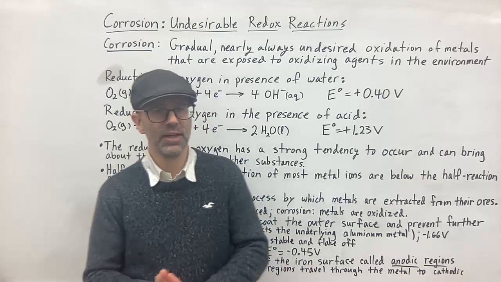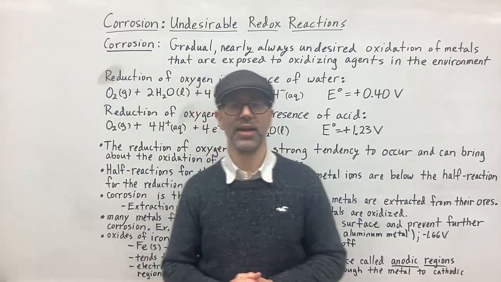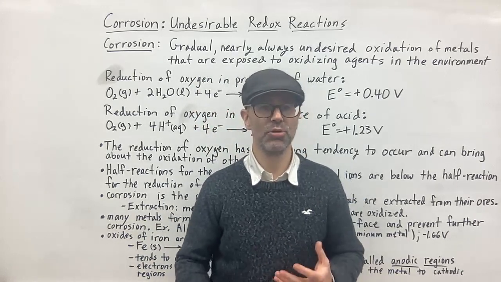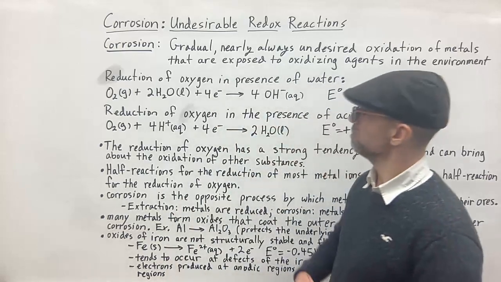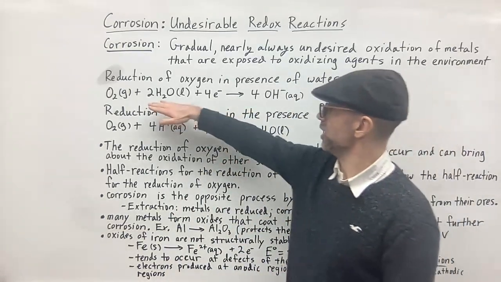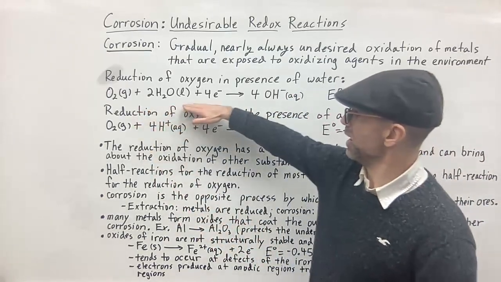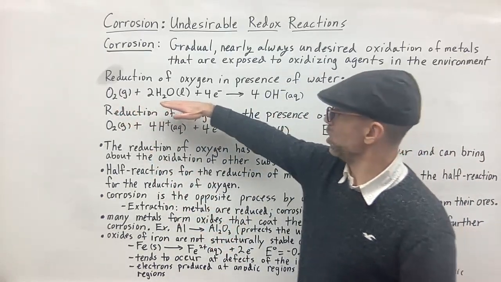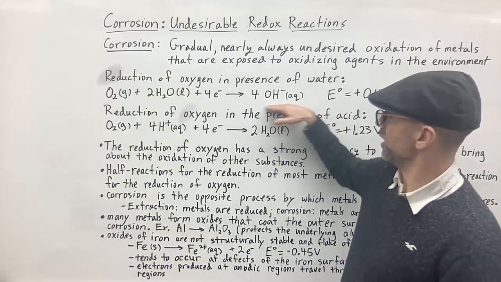So let's talk about the reduction of oxygen in the presence of water, because that is part of the process of corrosion. Here I have oxygen gas plus water plus 4 electrons gives you hydroxide ions.